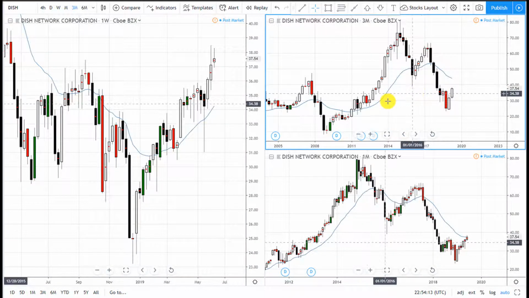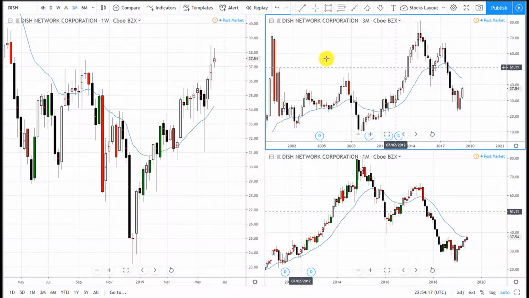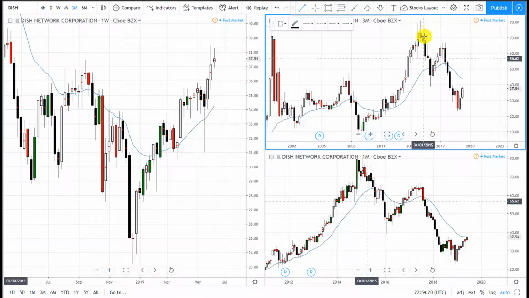Let's take a look at the 3-month chart first and do a top-down analysis. Let's do a trend line. It made two peaks here, so we can do a trend line. This is the first peak. Sorry, my drawing is so bad.